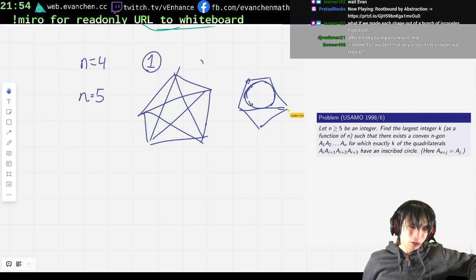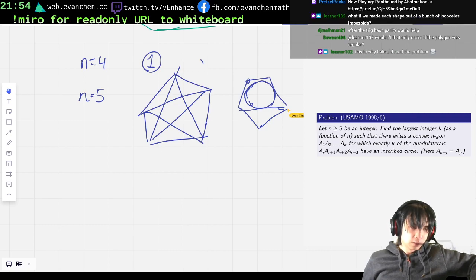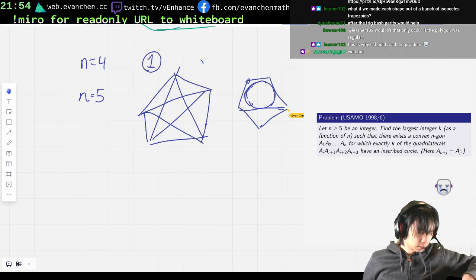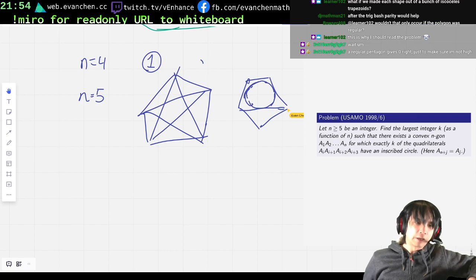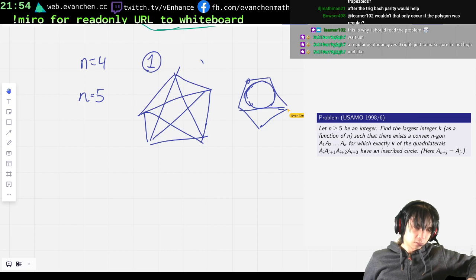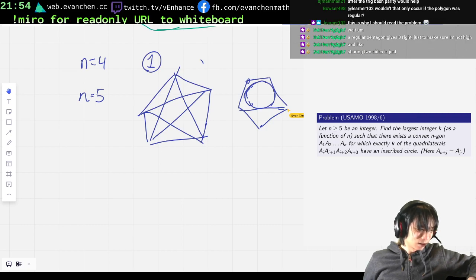If you have a hexagon, every kite is circumscribed. Yeah, regular pentagon gives 0. I agree. But a regular hexagon is okay. A regular hexagon will get 6-ish, I think.